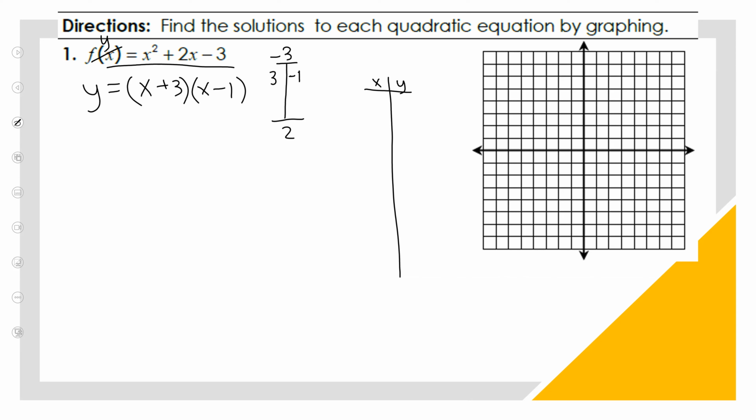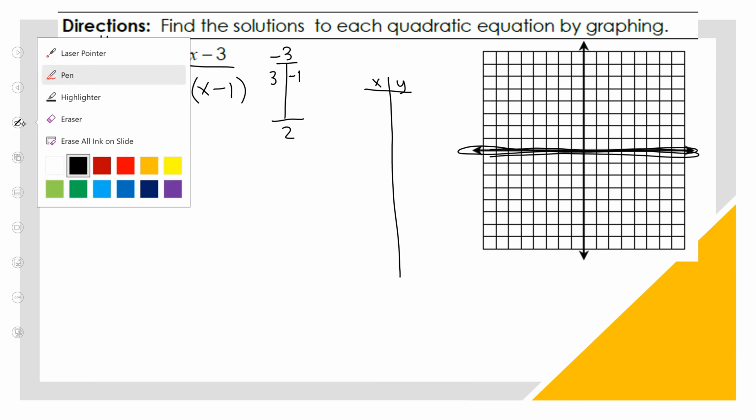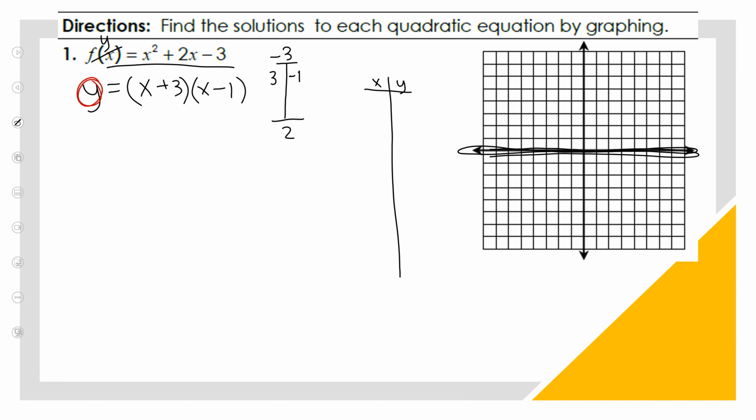Okay, so let's talk about it. I want to figure out what my solutions are, what my x-intercepts are. Okay? So guys, any point along the x-axis, what is the y value? 0. So guys, if I want to figure out what x values will make the y 0, well, what would x be here to make it 0? -3.